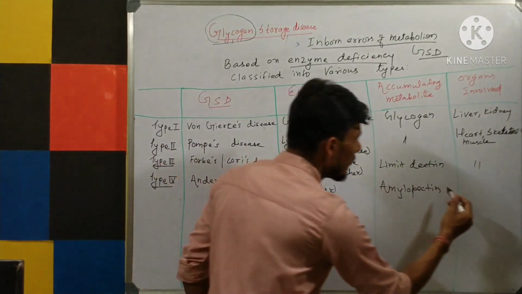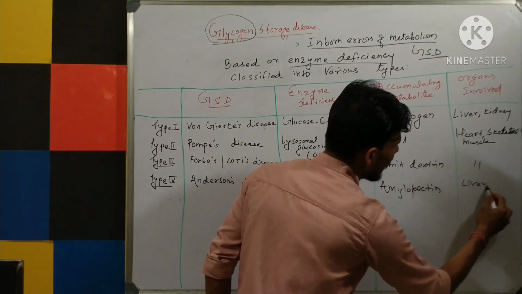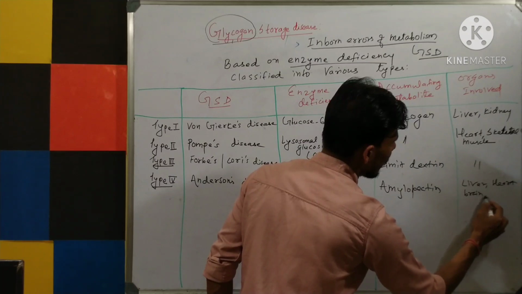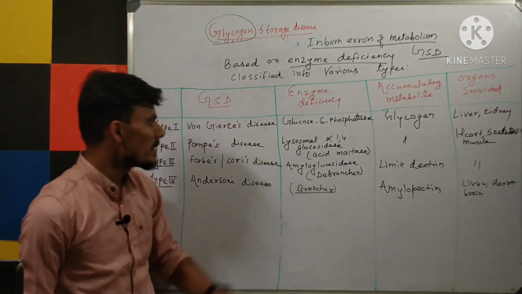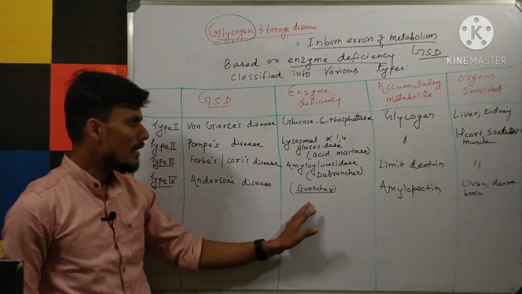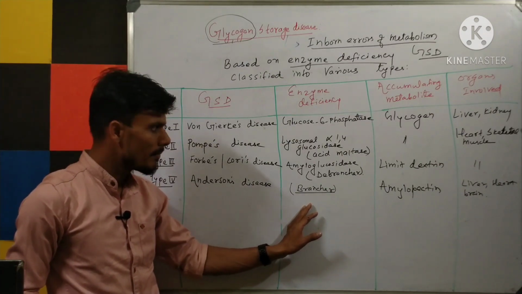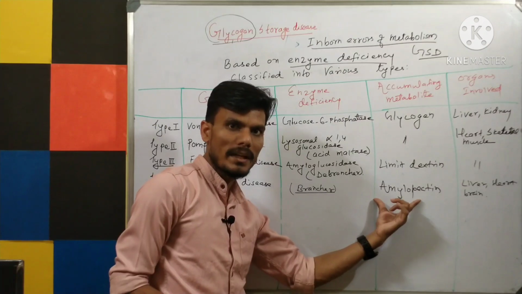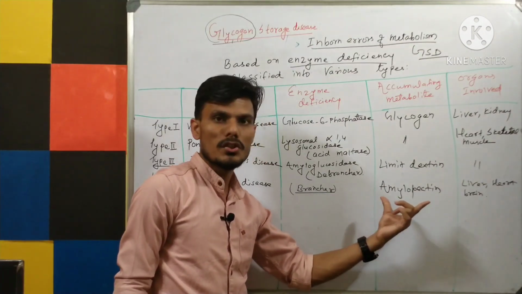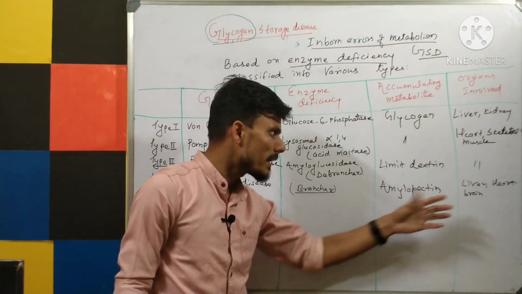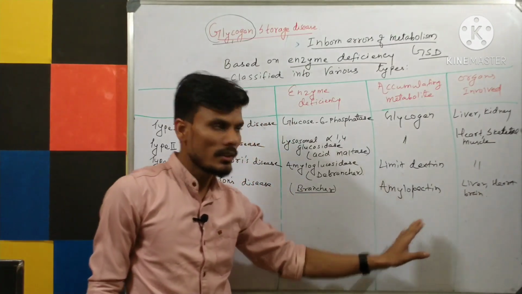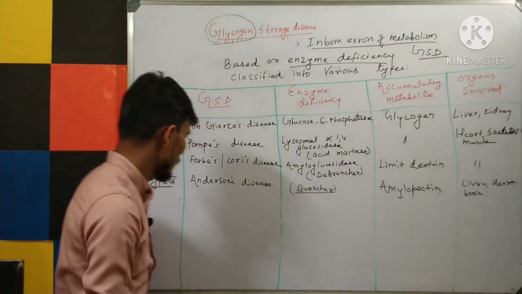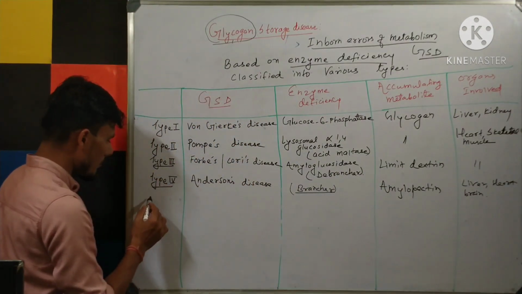Remember that. In this case, the liver, heart, and the brain will be affected. So when there is a deficiency of this branching enzyme, there will be deposition of a metabolite known as amylopectin, and because of this, it can affect the liver, heart, and the brain. So that is our type 4.